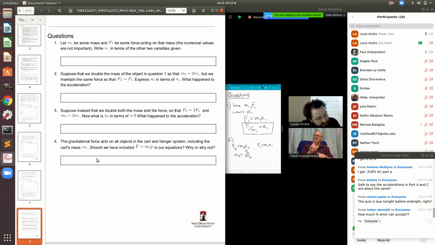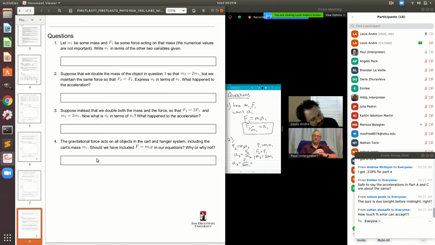Okay, so we're just solving that Newton's second law right there. But what they have told us is that F2 is equal to F1, and they've also told us that M2 is equal to 2M1. Okay? So go ahead and make those substitutions. We have A2 is equal to F1 over 2M1. Okay? You know what that looks like?